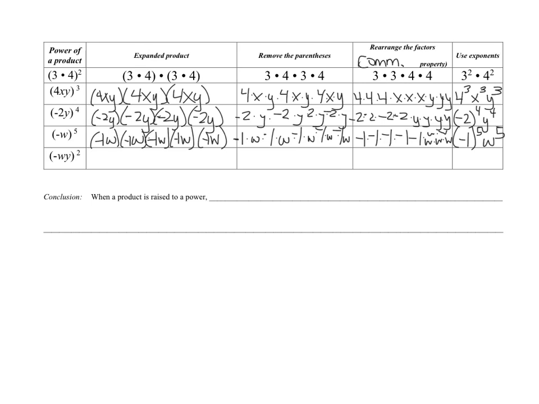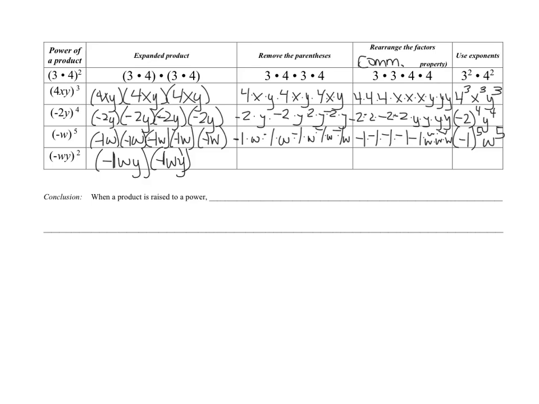This next one is saying I'm taking (negative wy) to the 2nd power. So I'm going to do this 2 times. It's going to be negative wy times another negative wy. When I rewrite it, let's treat this like a negative 1 wy and a negative 1 wy.